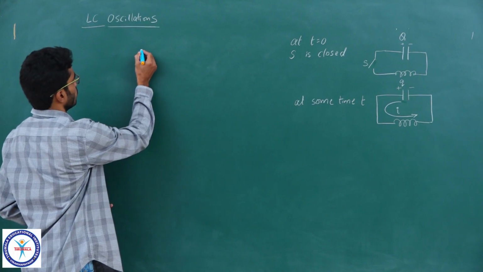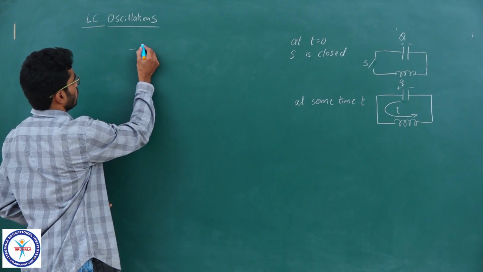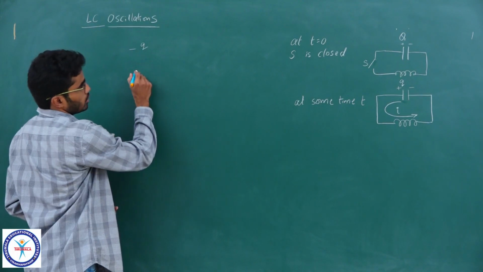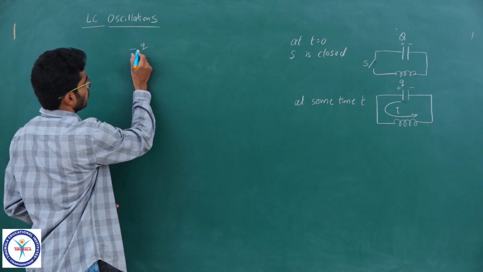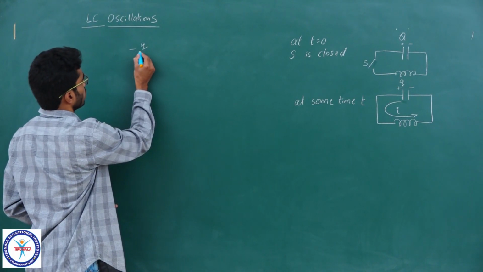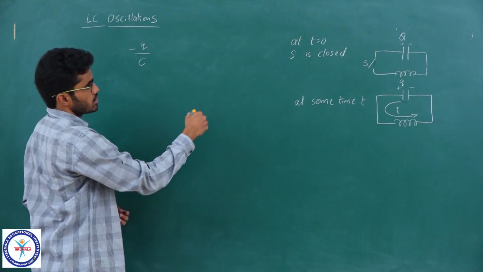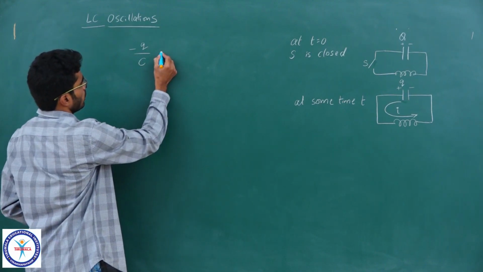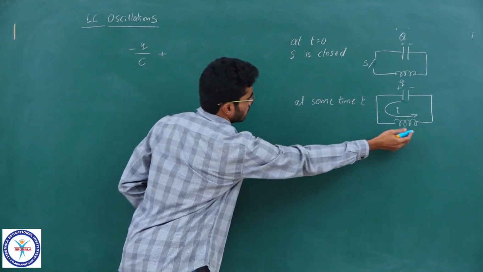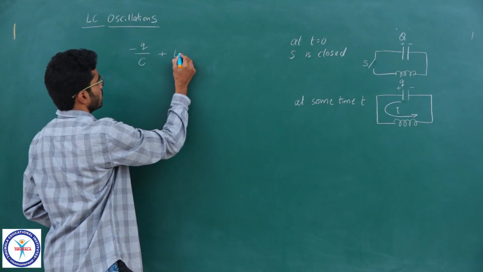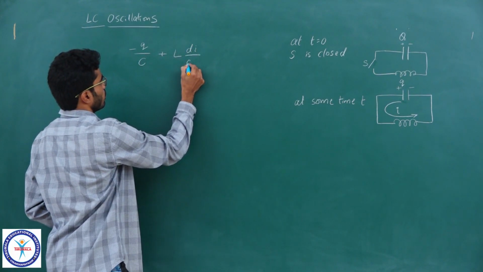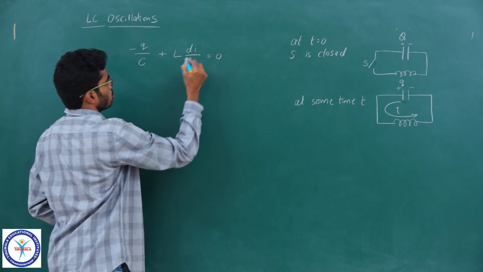The potential drops across the components: across the capacitor it is minus q by C, plus across the inductor it is L di by dt, should be equal to 0.